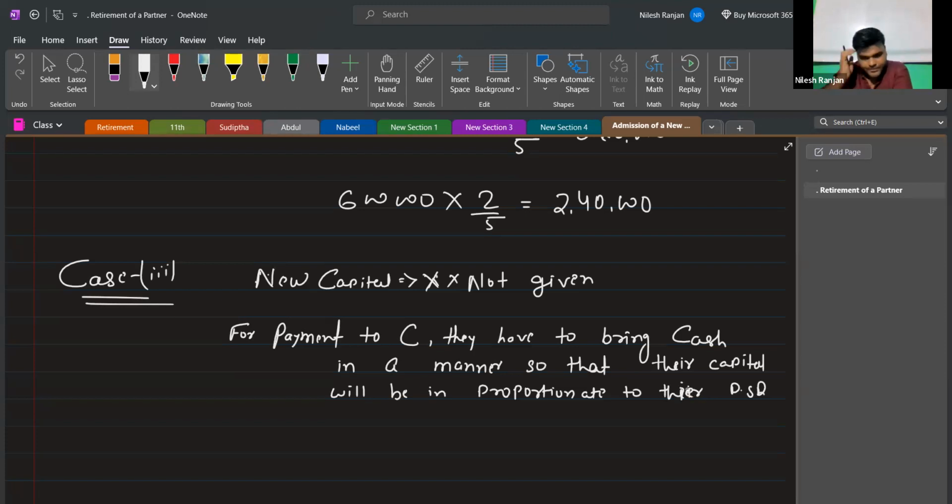So for payment to C, they have to bring cash in a manner so that their capital will be in proportion to their profit sharing ratio.